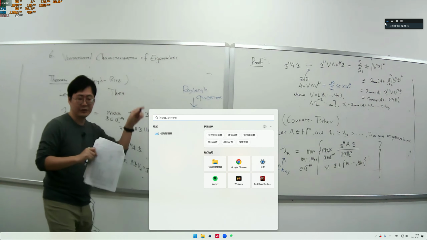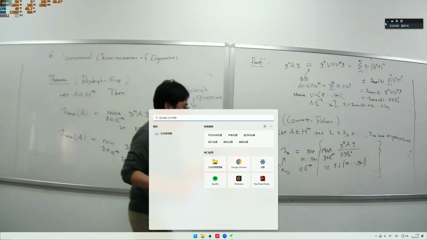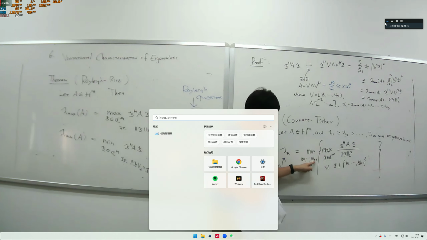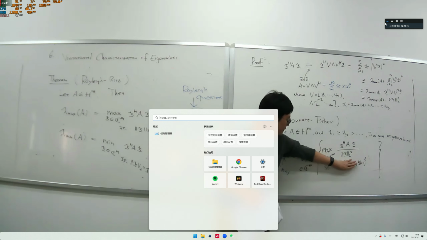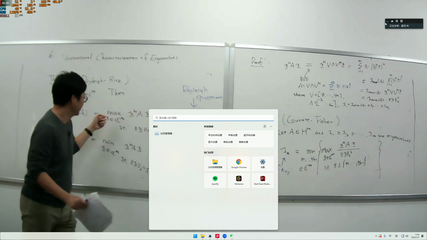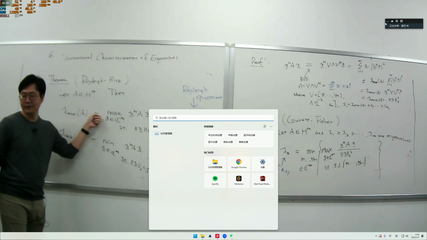That means the largest eigenvalue. If k equals 1, then this disappears, you don't have this, and this part tells you the Rayleigh quotient maximum.